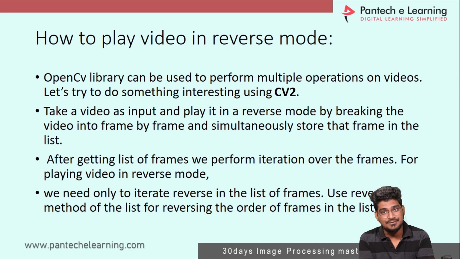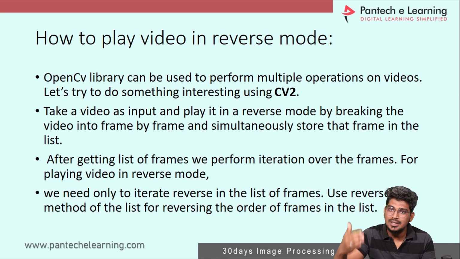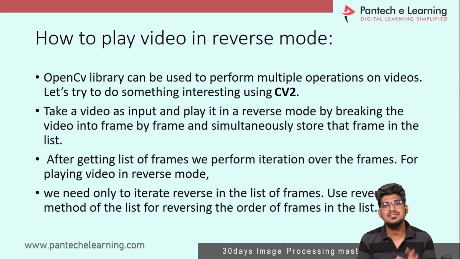After getting the frames, we will be iterating over the frames. Iterating over the frames will be helpful for performing the reverse mode, going over the video frame by frame in reverse. What is the procedure? We are going to load the digital video.